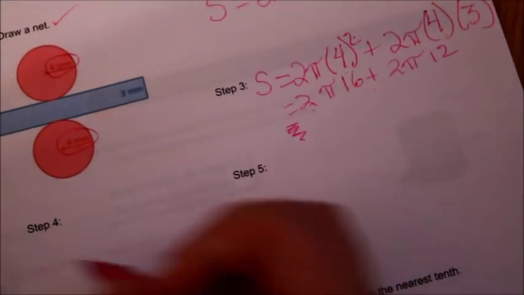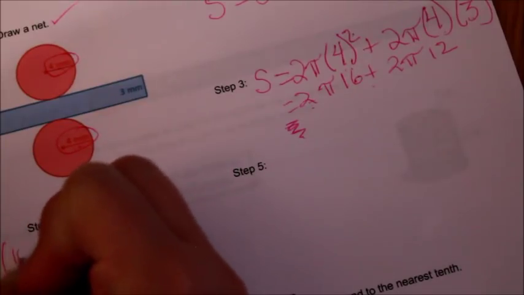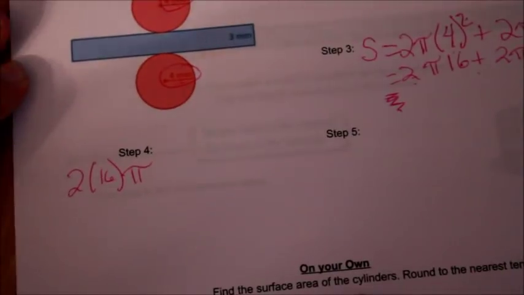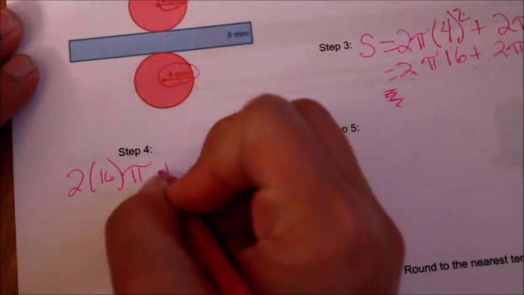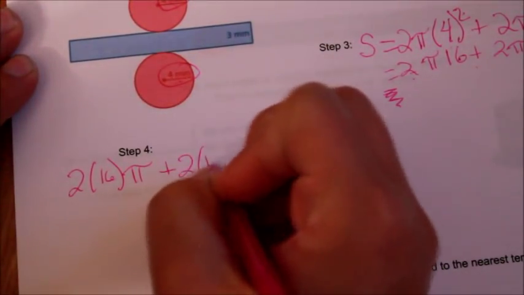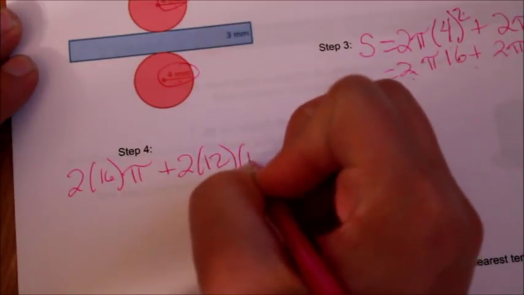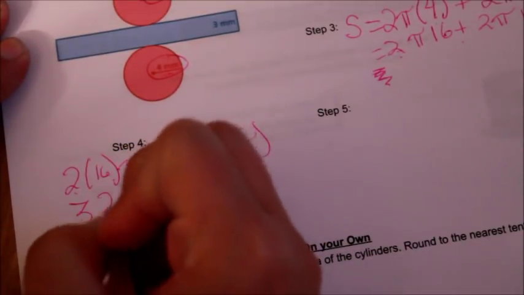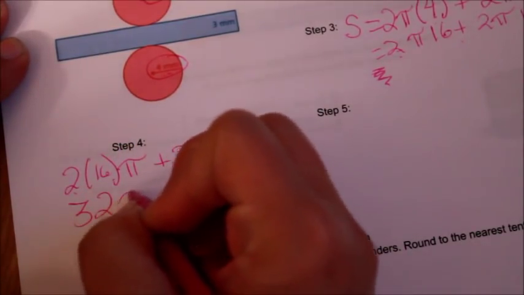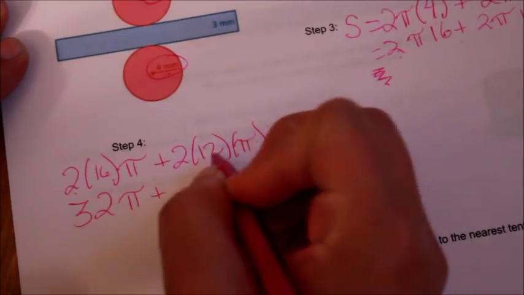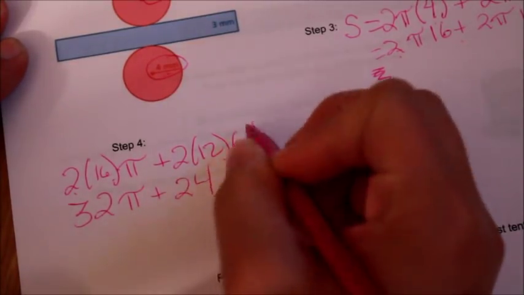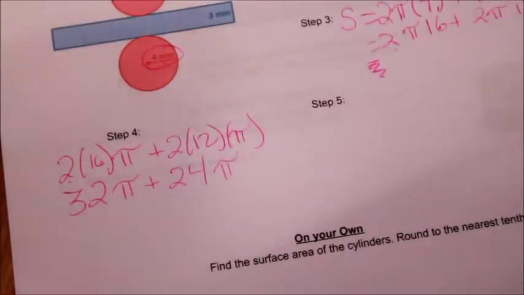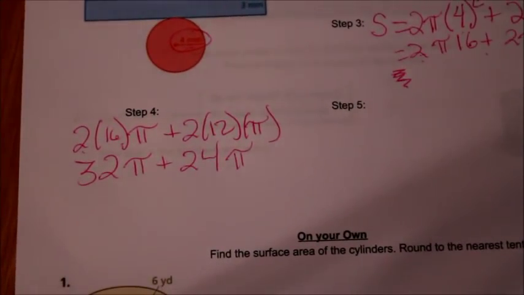So 2 times 16 times pi, oops, sorry about that, plus 2 times 12 times pi. 2 times 16 will give me 32. We've got to carry that pi down because we didn't multiply it through yet. 2 times 12 would give me 24, and carry that pi down just like that.